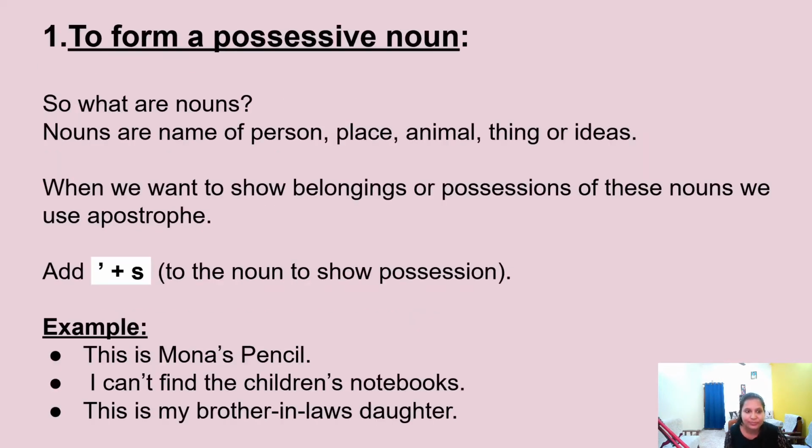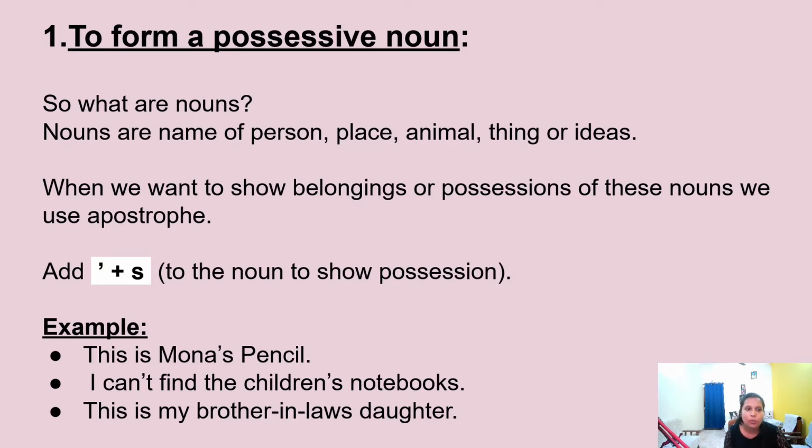So the first thing, to form a possessive noun. First of all, we should know what a noun is. I have already covered what is a noun and types of nouns in my previous videos. If you don't know what a noun is, I want you to go through that video and also go through the kinds of nouns.